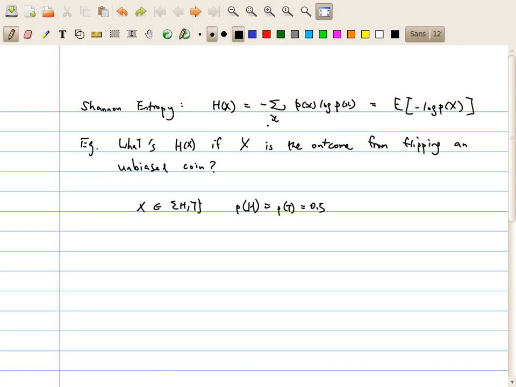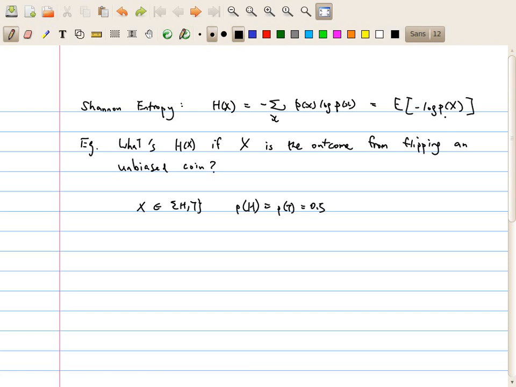One way to interpret this expression is that the Shannon entropy is just the average amount of information over all outcomes. So for each outcome, let's say outcome x, the amount of information we obtain from that outcome will be just minus log Px if that outcome actually happens.